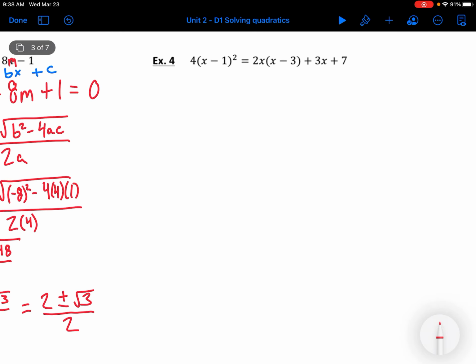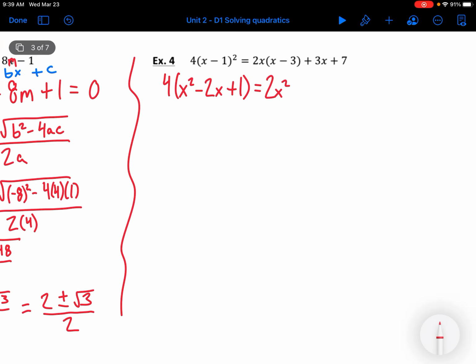The next one's a little bit harder again, but only because there's a bunch of work we need to do first. Okay, so when I'm doing this one, we need to expand everything out and then simplify. So I'm going to do it in a few steps. I'm going to take my time. I'm going to expand out this binomial. So we get x squared minus 2x plus 1 equals, now I'm going to multiply this through.